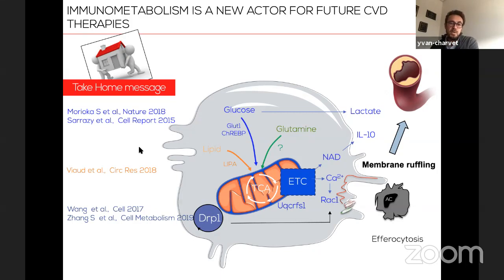And I tried to summarize here all the literature from the different groups in the field, especially in terms of efferocytosis and how glucose, lipid, or glutamine all together contribute to change the mitochondria phenotype, will change the transcriptional reprogramming of the cell, and of course, the electron transport will have many impacts on the NAD interleukin 10 pathway, and also on the calcium and membrane ruffling to allow the cell to take up apoptotic cells.